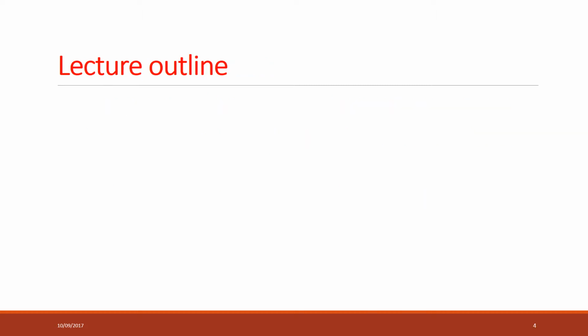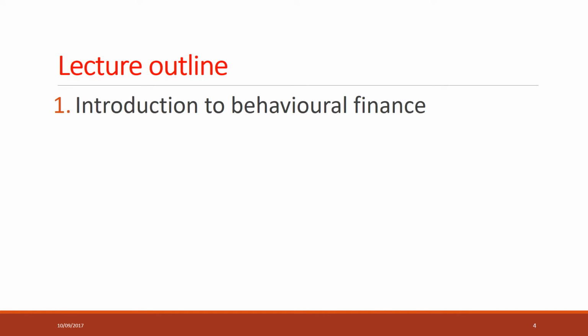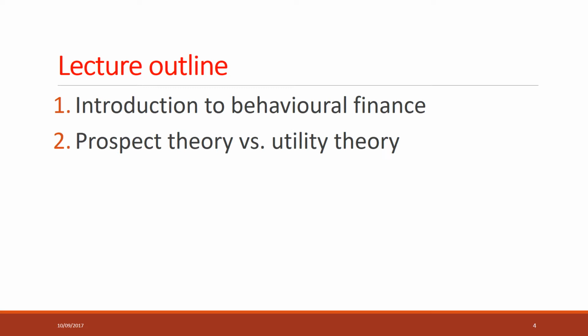The outline of this lecture is as follows. Firstly, we introduce the concept of behavioral finance. We then look at the theoretical framework of behavioral finance versus the rational investor assumption, which is the utility theory.